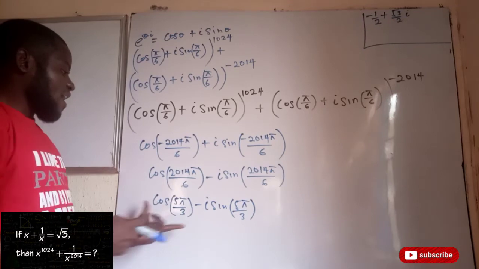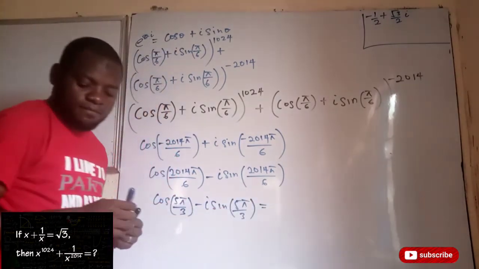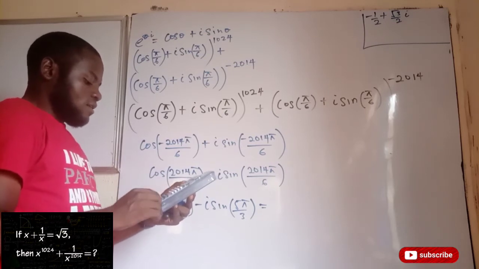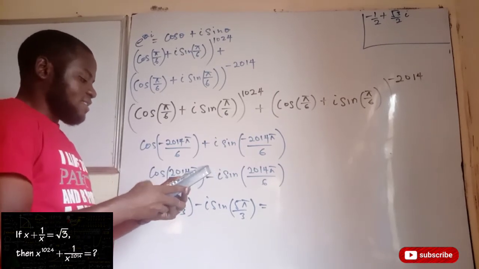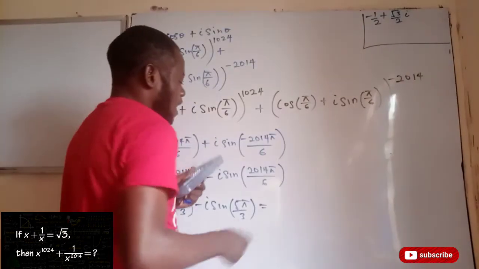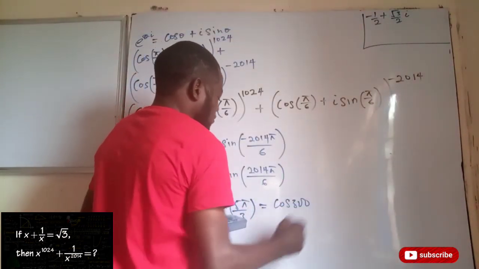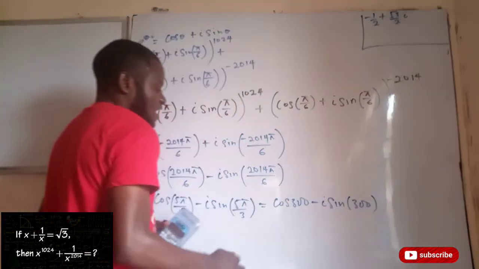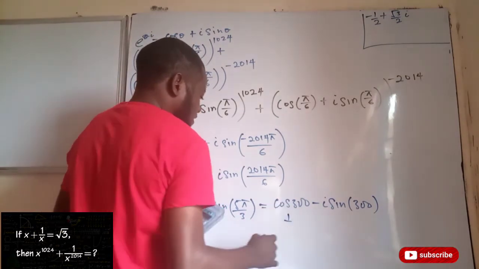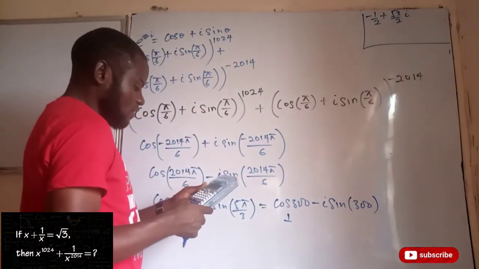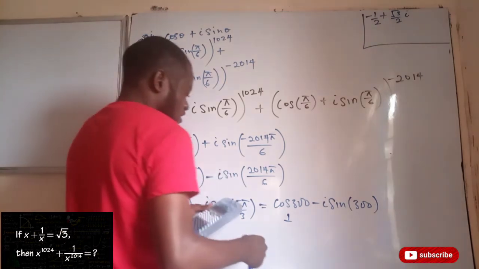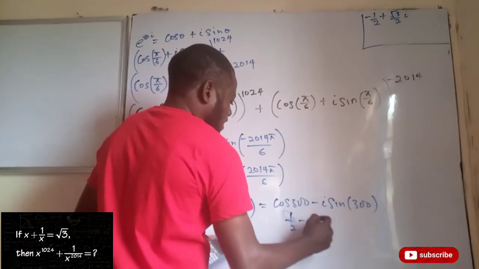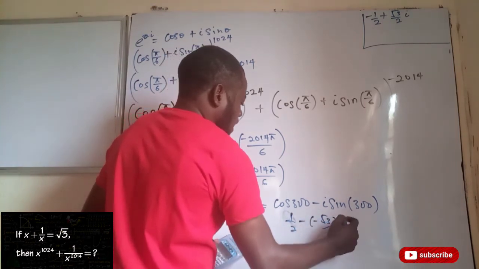Okay, so if I look for the value of this with my calculator, I have 5 times 180, that's 900 divided by 3, that gives us 300. So I will have cos of 300 minus i sine of 300. Hence, cos of 300 will give me positive 1 over 2, and this will give me negative root 3 over 2 i.